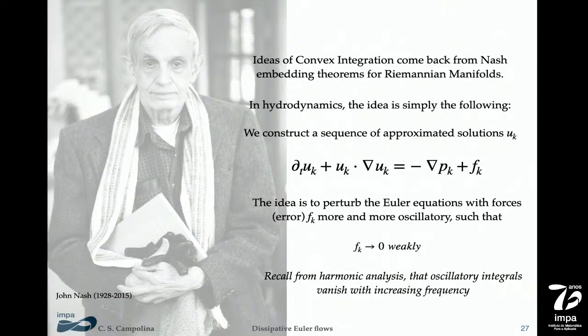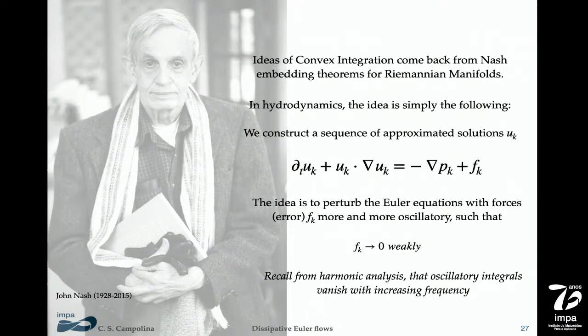And the idea is the following. We construct a sequence of approximate solutions, u_k, satisfying the Euler equations, but only approximately, so they satisfy the Euler equations with an error, let's say f_k.